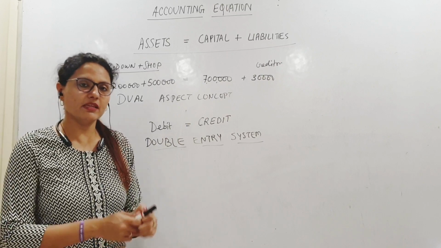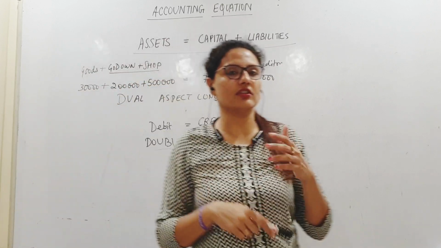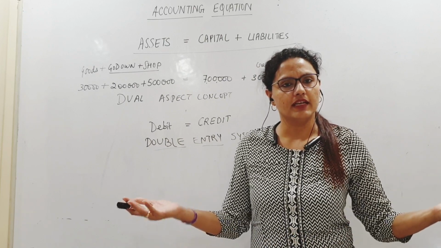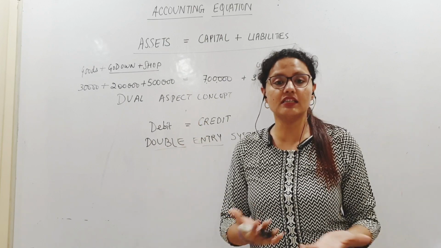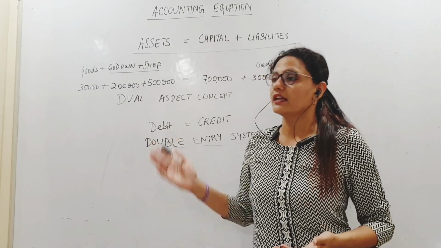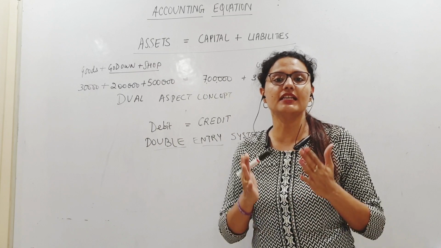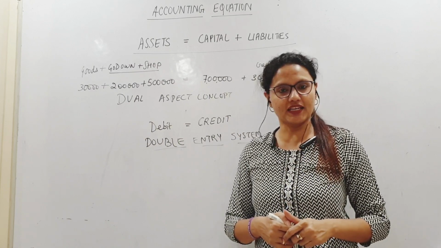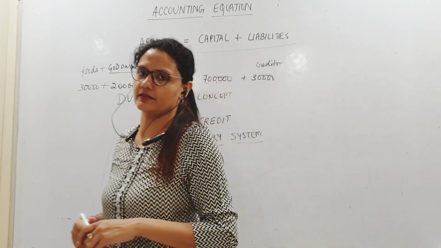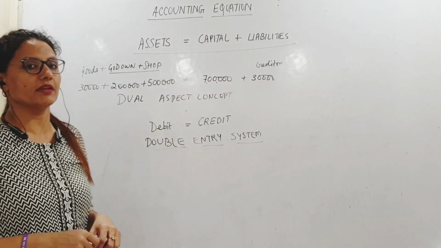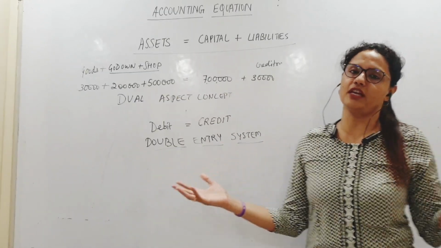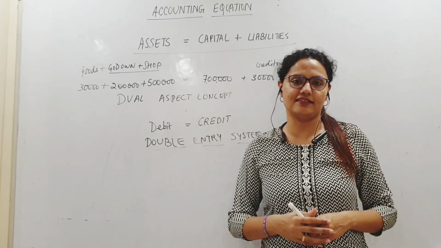Okay? ऐसा कभी नहीं हो सकता है कि मैंने कोई ट्रांजैक्शन किया है, डेबिट में आ गया है, लेकिन क्रेडिट कुछ है ही नहीं. It is incomplete. So if you have to see the complete picture, if you have to do the scientific method of accounting, it has to be in the double entry system of bookkeeping. Okay? So everything from now on that we are doing is double entry bookkeeping system. ठीक है? एक चैप्टर हम लोग लास्ट में करेंगे सिंगल एंट्री सिस्टम भी, just to enjoy the contrast of double entry and single entry system. ठीक है?